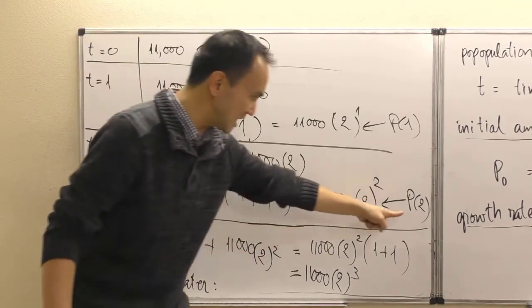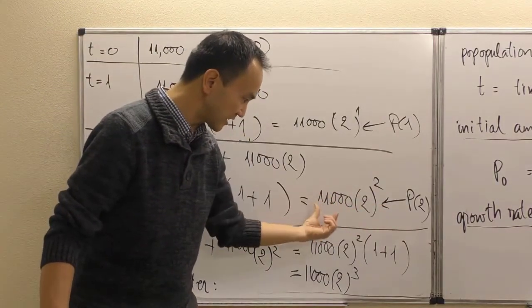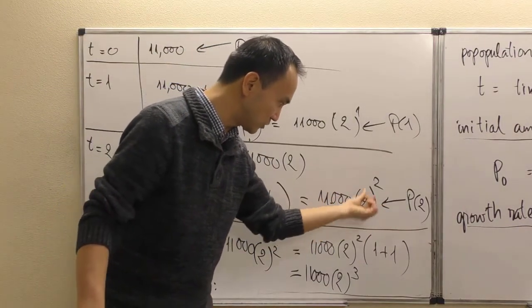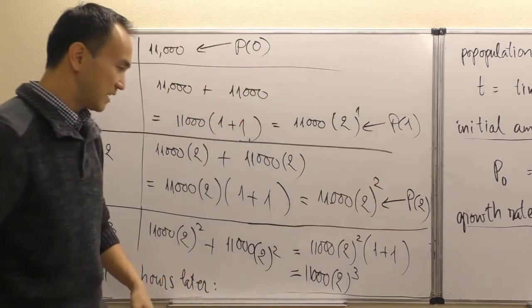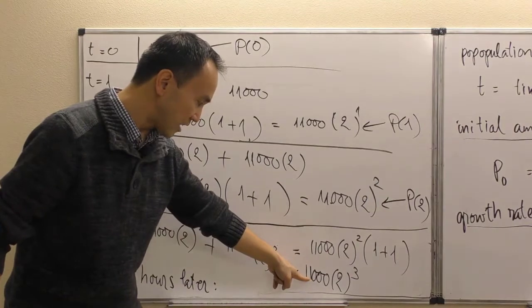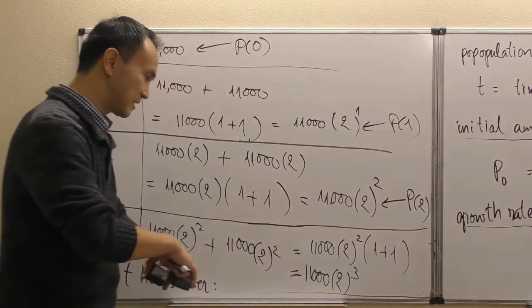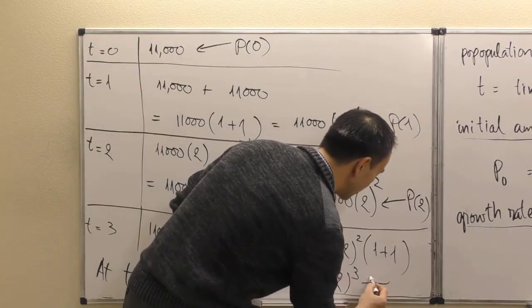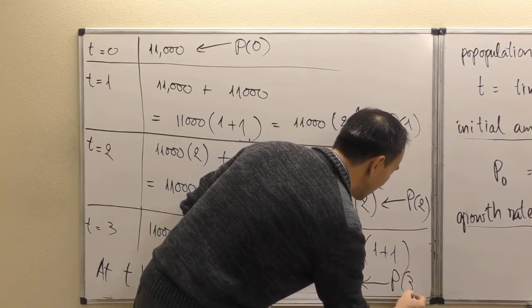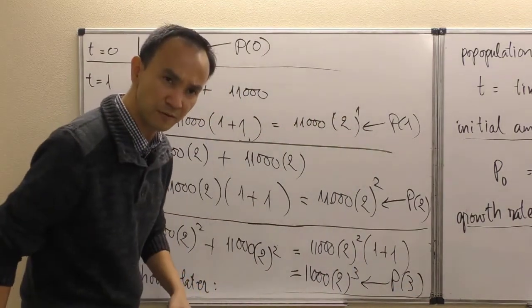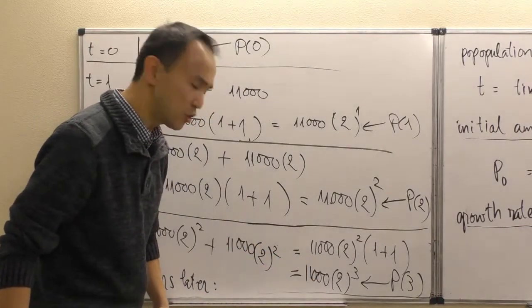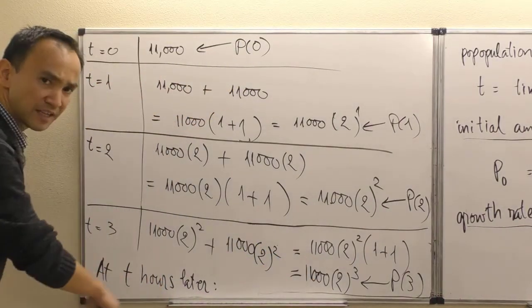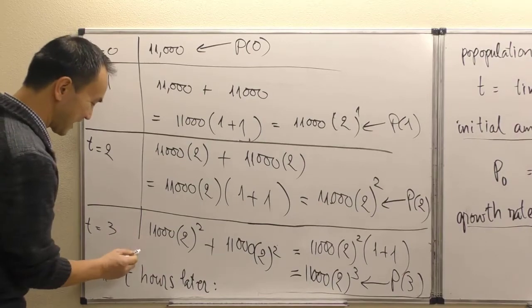Okay, so p of 2 looks like it's 11,000 times 2 squared, so 2 here is consistent with that 2. And then it's 11,000 times 2 cubed right here, but this is the same as the function value when t equals 3. So p of 3 equals 11,000 times 2 cubed. So now this is how we can make that conjecture, that generalization.